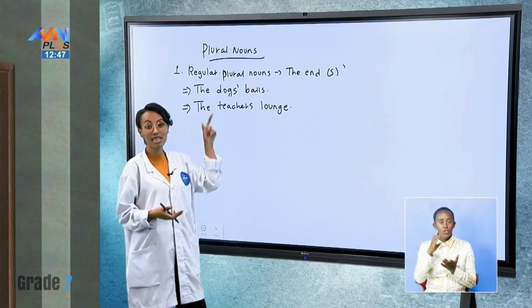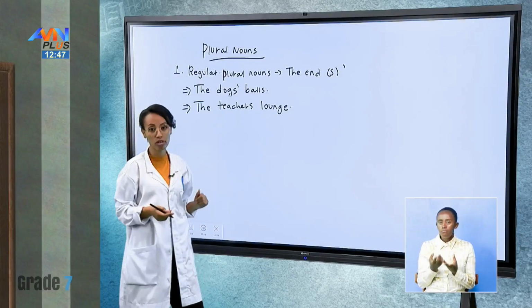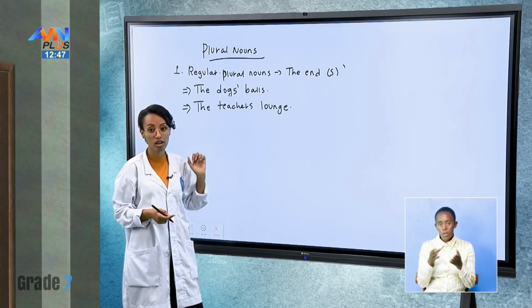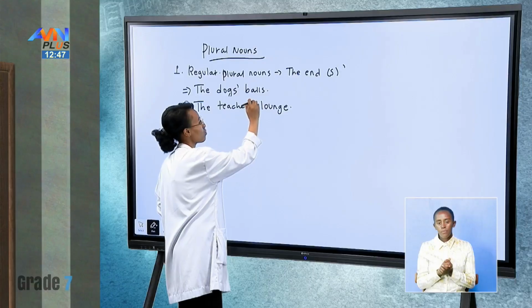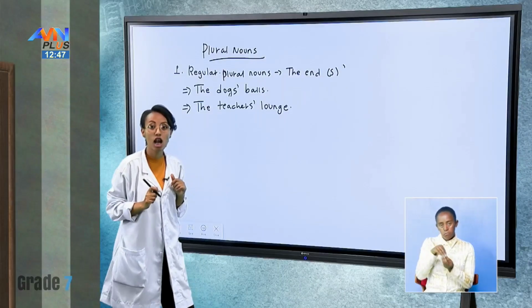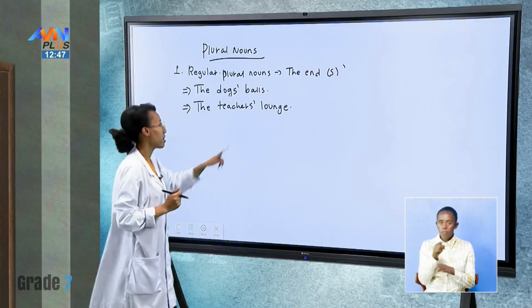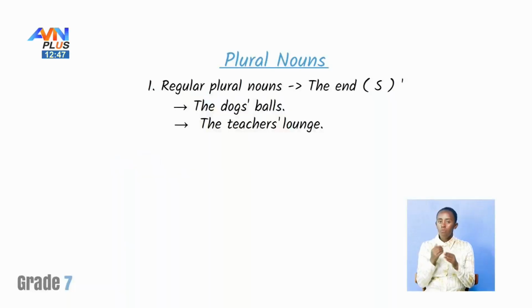So the teachers here, since they are many, since they are plural, and since the noun here is a regular noun, and it has S in it, we add the apostrophe after the S or after the entire noun, okay?